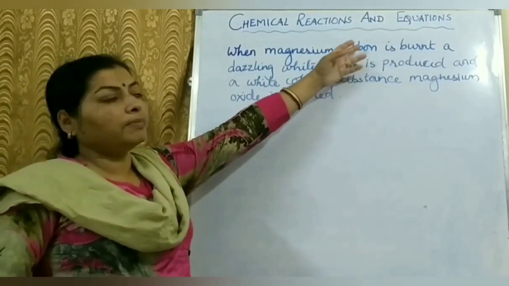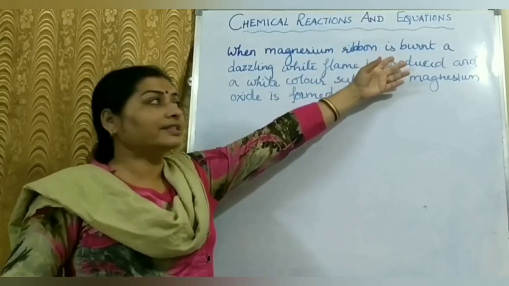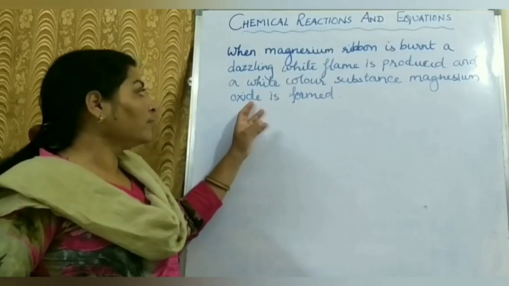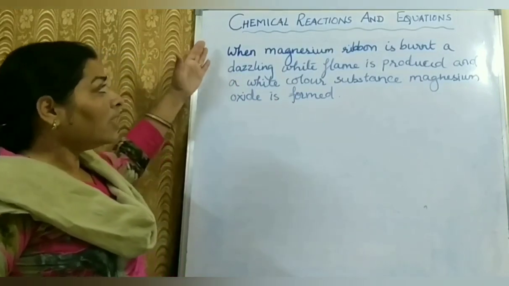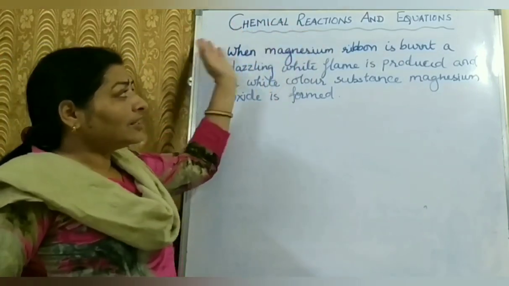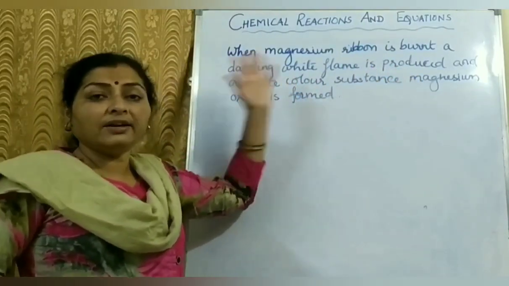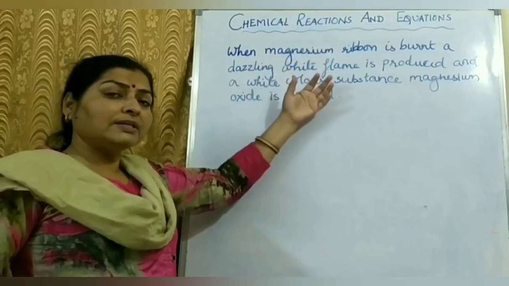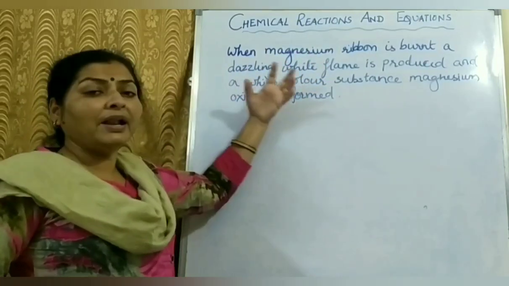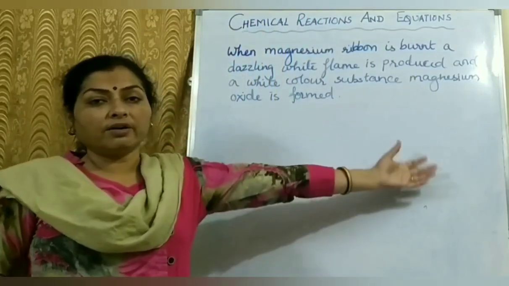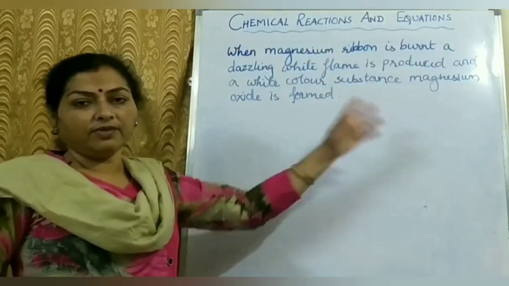Magnesium ribbon is burnt. Burnt means it is reacting with oxygen and it is producing a white color substance, magnesium oxide. Now, if I want to write a chemical reaction in this way, think about how much time it is consuming, how much energy it is consuming. Scientists must have thought that there should be a simple way of writing a chemical reaction into some sort of mathematical statement or some sort of equation.